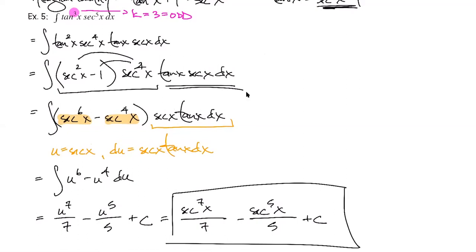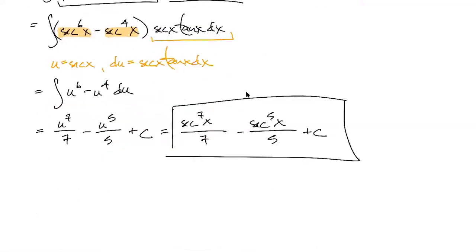Okay, let's move on to example number 6. With example number 6, I'm looking again at the powers. The power for tangent is even, so I can't use the same rules that I did for example number 5.